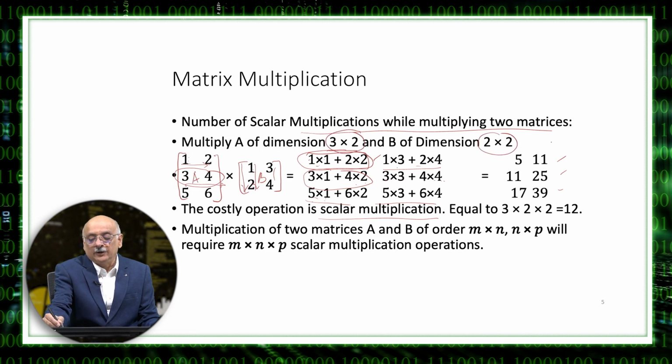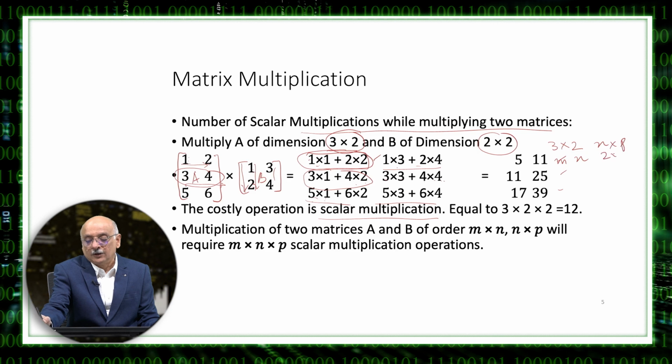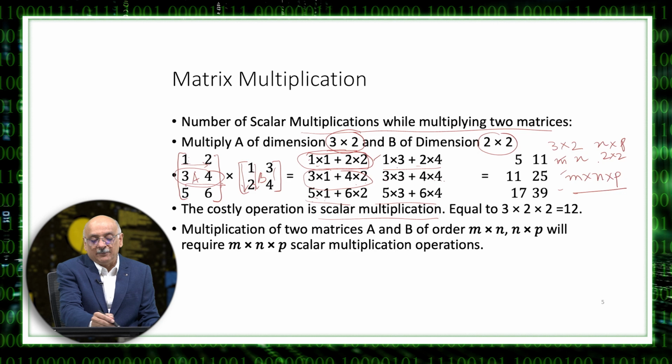So we are doing the 3 cross 2. Suppose I call it M, I call it N, and N into P, which is 2 cross 2. So the number of multiplications required will be M cross N cross P. Why? Because that's how the multiplication is going.